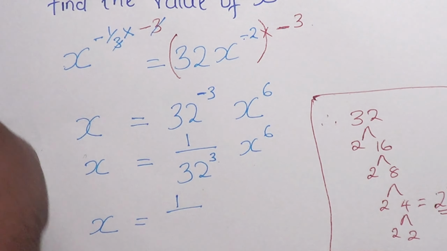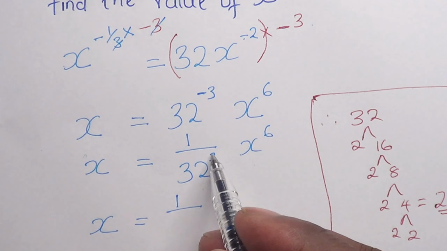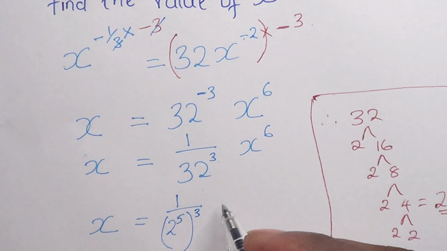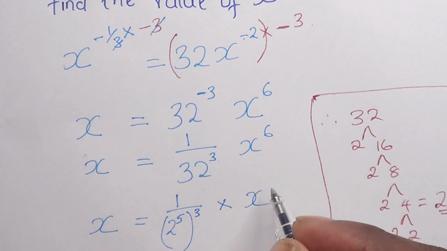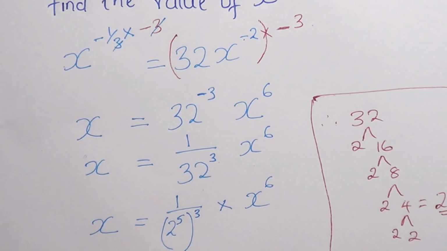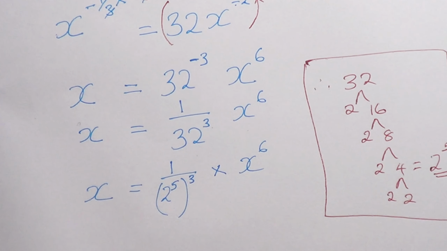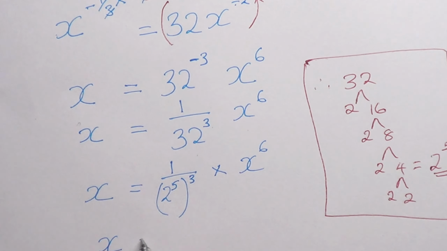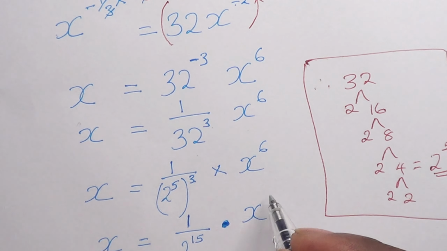So I write here, but remember we have 3 outside: 2 to the power 5, to the power 3 outside, times x to the power 6. Then the next step, x equals 1 over 3 times 5, that is 2 to the power 15, times x to the power 6.